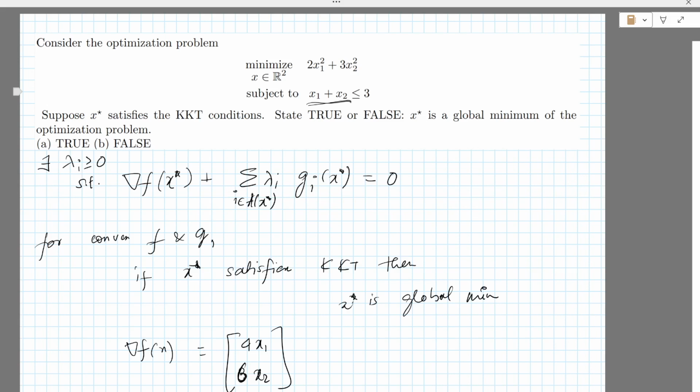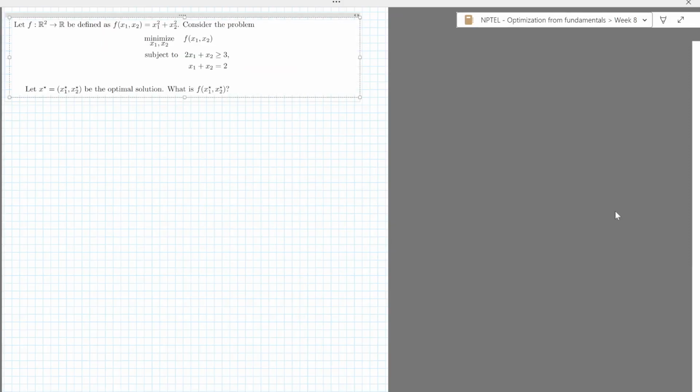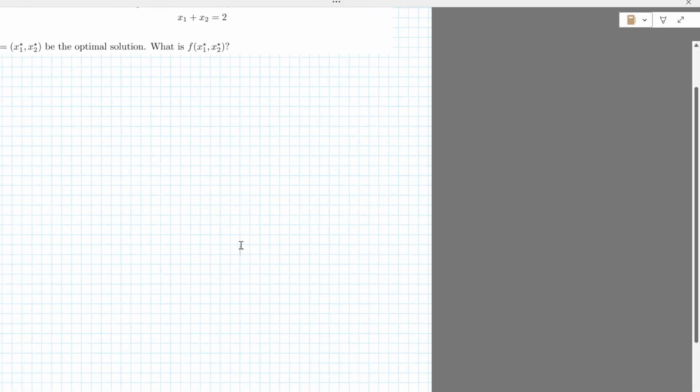So our constraints and objective are both convex. So if x star satisfies the KKT condition, then x star is also the global minimum. So this is true. We'll discuss this last question.